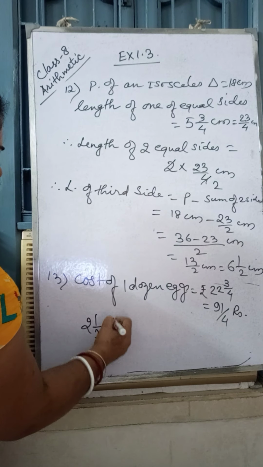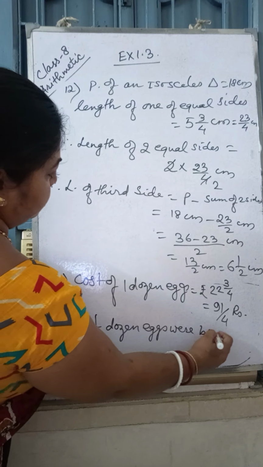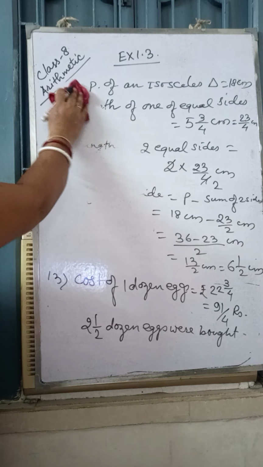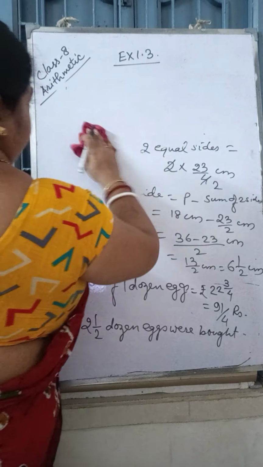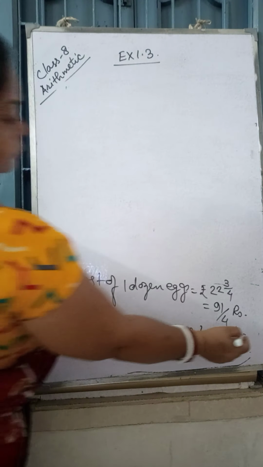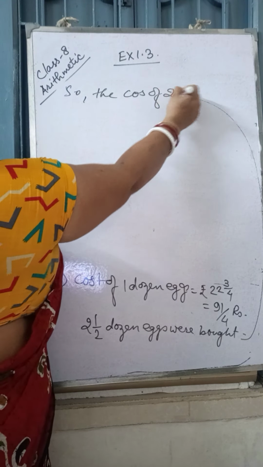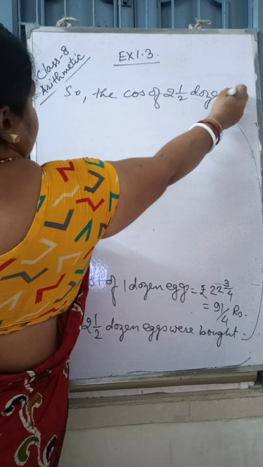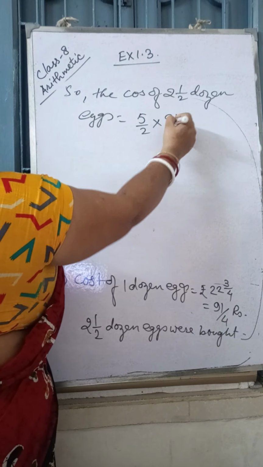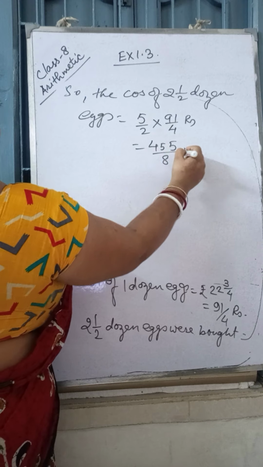Two and a half dozen eggs were bought. So the cost of 2 and a half dozen eggs would be 5 by 2 into 91 by 4 rupees, that is 455 by 8 rupees.